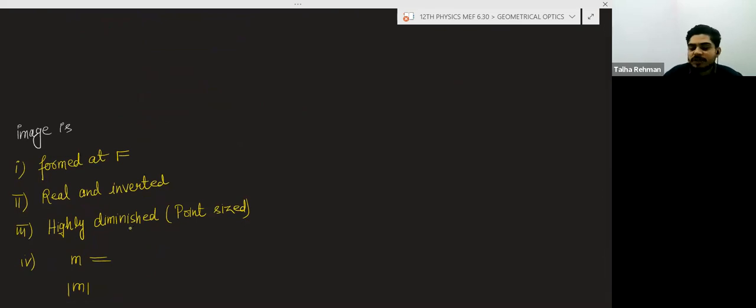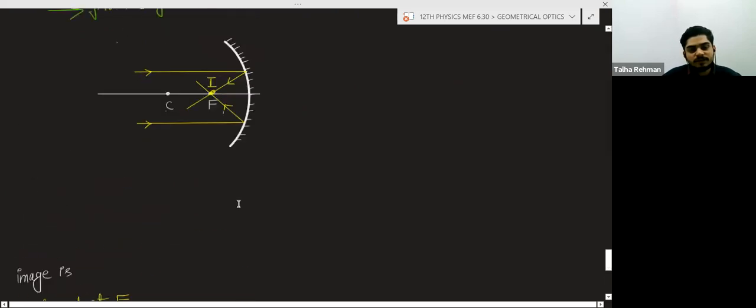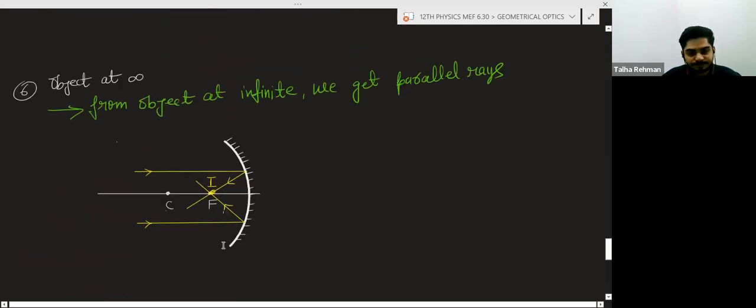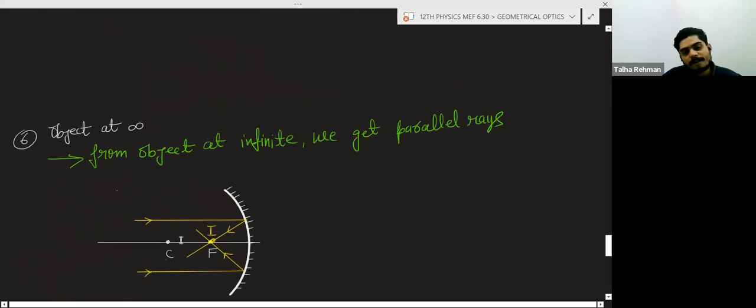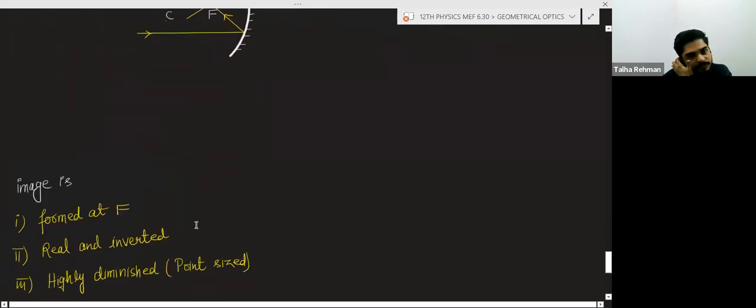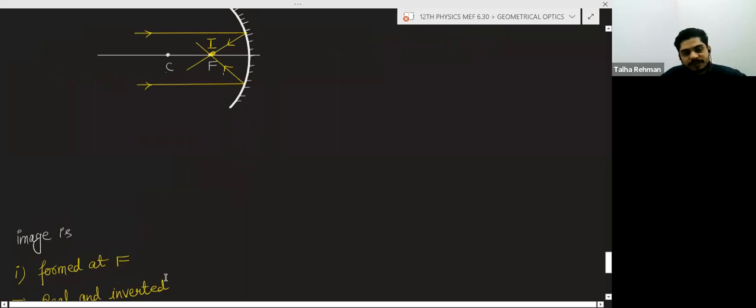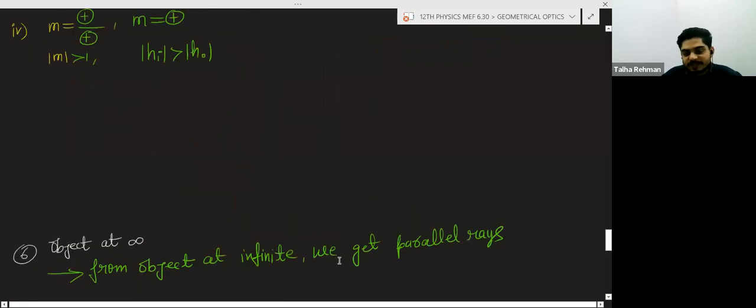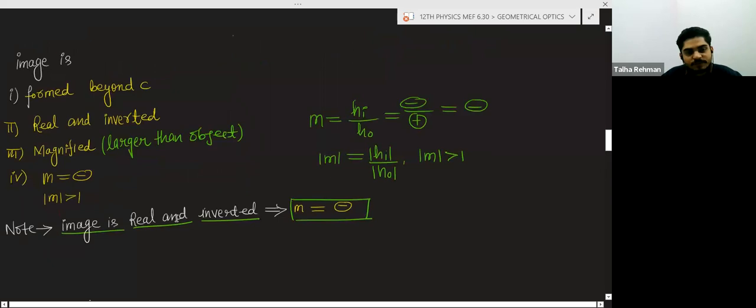Magnification is height of the image over height of the object. I have told you, if the image is real and inverted, then magnification is negative. So here what type of image is there?